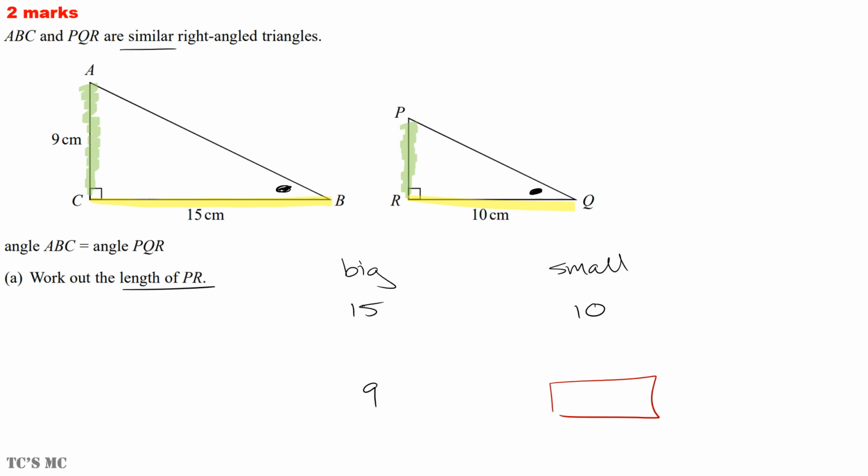I can't think of one, but I know a common factor is 3. So I'm going to divide by 5 and then multiply by 3. Do the same on the other side. Divide by 5, that's 2, and then multiply by 3, and we get 6 centimeters. For having a method and then the answer, we would get 2 marks.